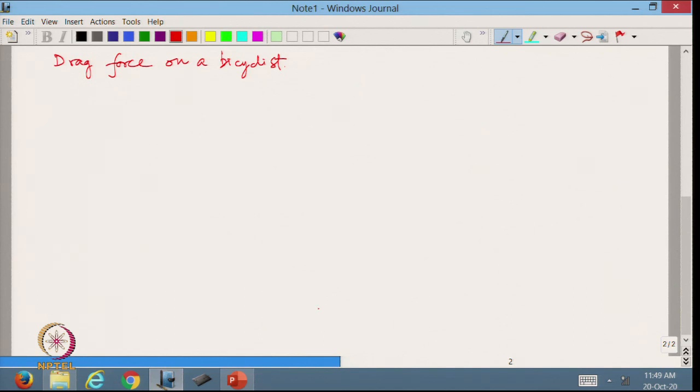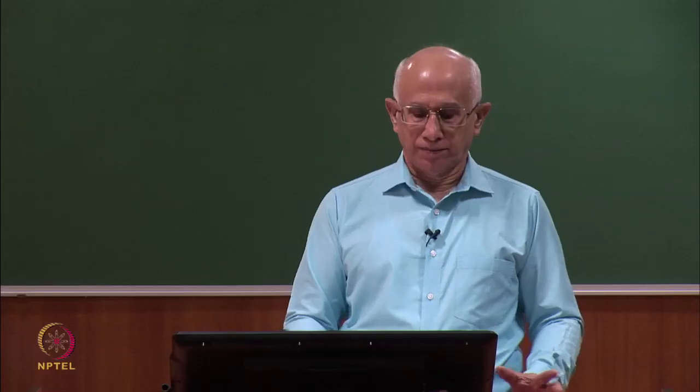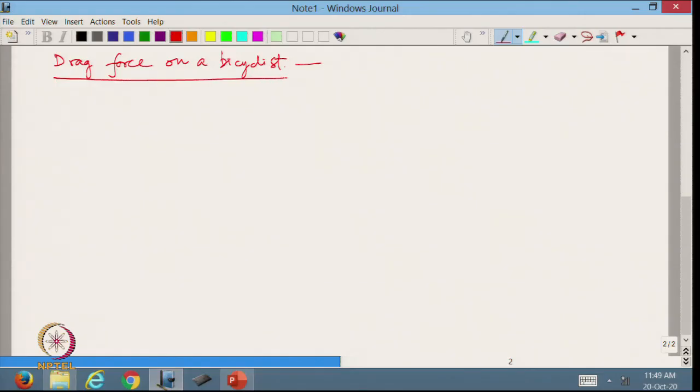That means, we are asking when a person is doing cycling, how much is the aerodynamic force. So, how much more energy does the cyclist need to expend when there are different wind conditions on it. So, the way this question is posed, it is very broad. So, we need to be more specific.